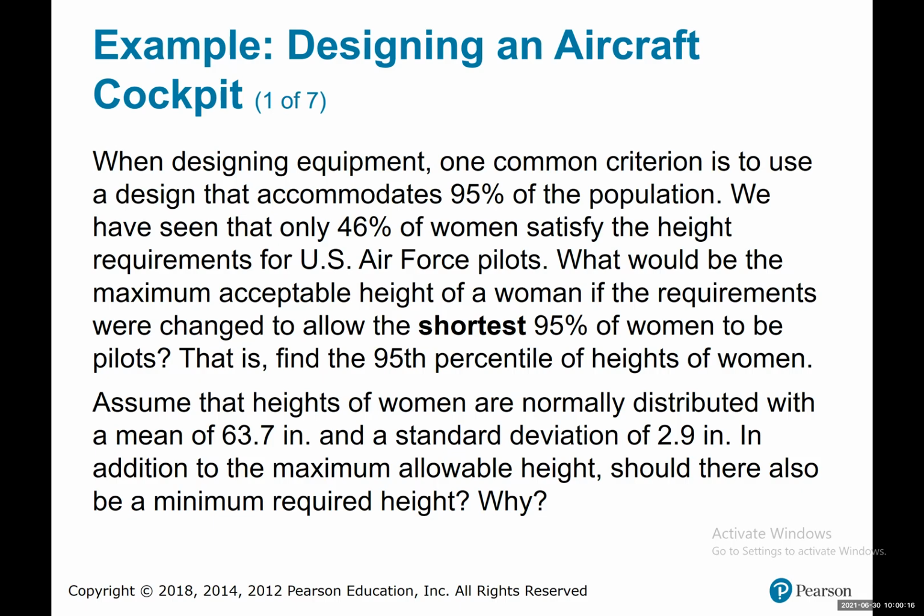That is, find the 95th percentile height of women. Assume the heights of women are normally distributed with a mean of 63.7 inches and a standard deviation of 2.9 inches. In addition to the maximum allowable height, should there also be a minimum required height? Why?